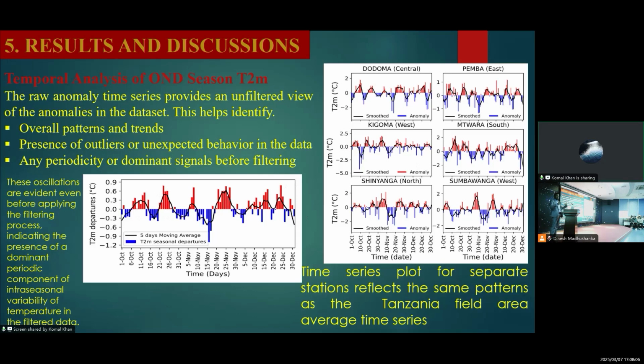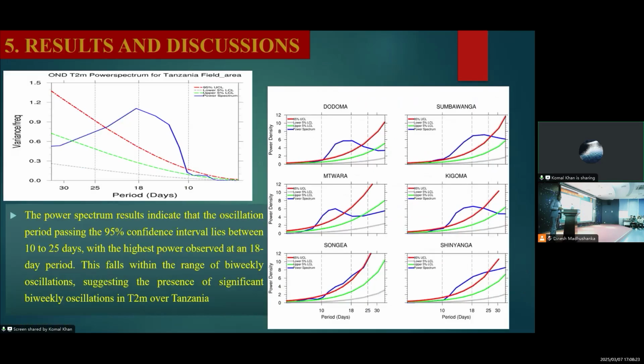Before you filter, you try to see the overall data. Does it have this signal? Or is it that you just filter small data and you get the oscillation, but you see this signal present over our time series. Now, the result from the power spectrum: the area which passes 95% starts from 10 to 25.